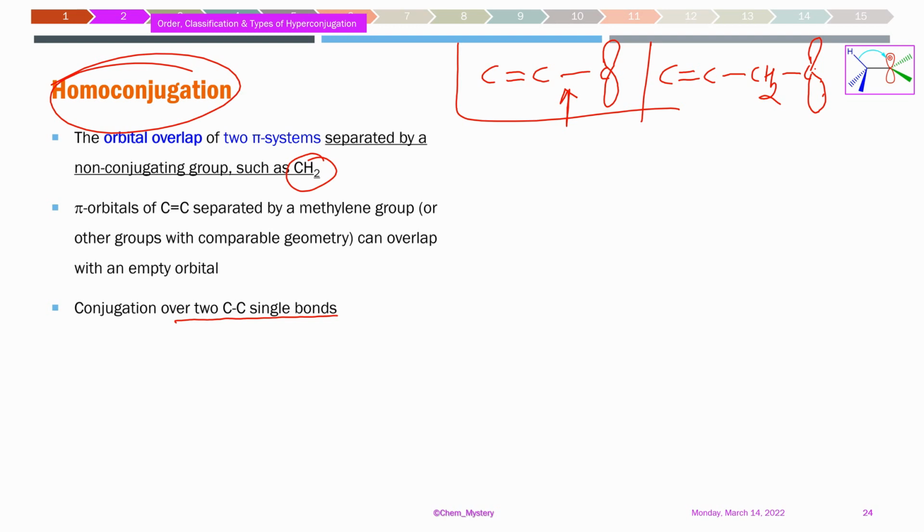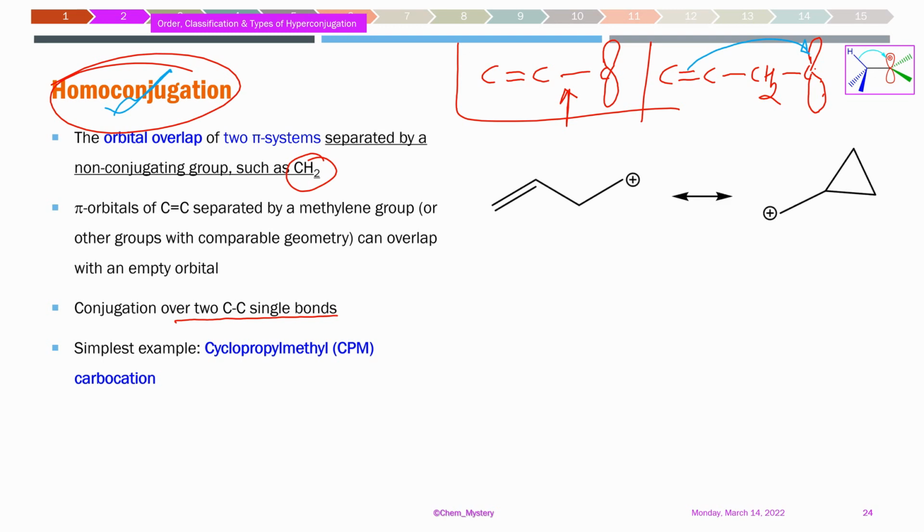The question is, where else can we see this kind of conjugation? It can be wherever such steric demands are there, or wherever such orbitals can be bent. In this case, remember that we said three-membered rings are kinetically favored.